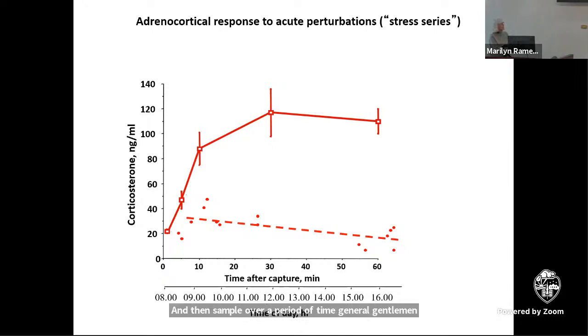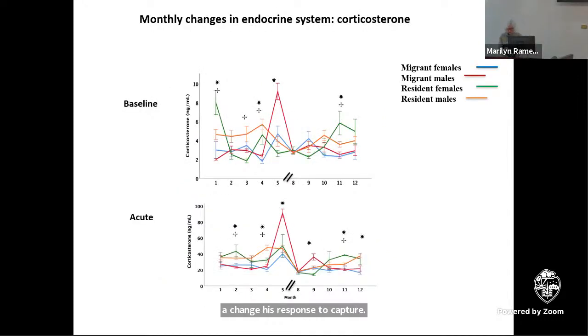Generally, we just take it out to 30 minutes because we know so much about the stress series in mammals and white-crowned sparrows. This induction then gives you a measure of the reactivity or the response to the perturbation. There is no change during the daytime hours, so it's not a diurnal change. It is a response to capture. And then these are the baseline and stress-induced levels over the months.